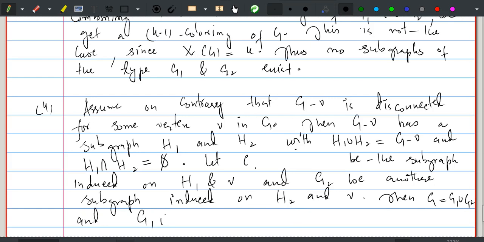Since H1 and H2 have nothing in common, G1 and G2 must have only one vertex in common, because G1 is induced on H1 and V, and G2 on H2 and V. So this V will be the common vertex in G1 and G2. So G1 intersection G2 is actually a single vertex, which is nothing but K1, a complete graph on a single vertex.